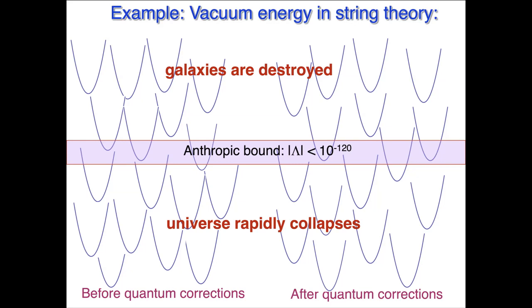These potentials may differ substantially. Quantum corrections. In the vacuum in which we live right now, you must live with a cosmological constant smaller than 10 to the minus 120. For those who are interested in the history of this subject, this history is slightly different from my perspective to what you can find in the textbook right now.